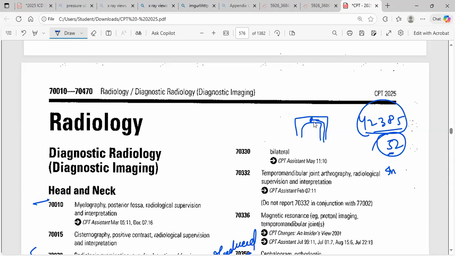So to see whether we have to use modifier 52 or modifier 53, we have to see whether it has been intentionally reduced or whether it has been reduced due to the patient's condition. If it is reduced due to the complications or the patient's condition, we are going to use the modifier 53. Clear? Modifier 52 and 53 is clear to everyone?